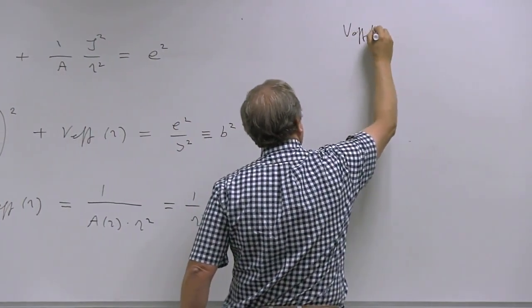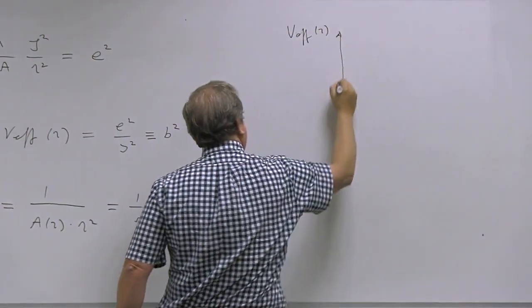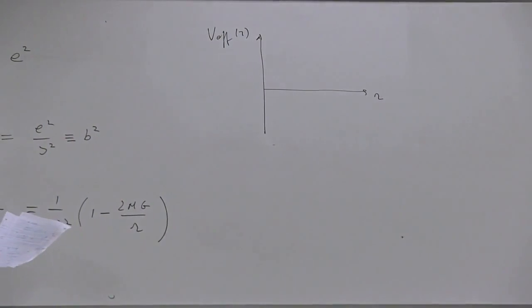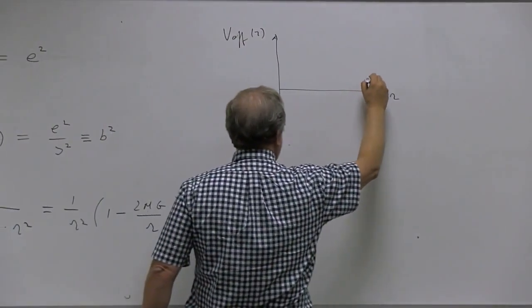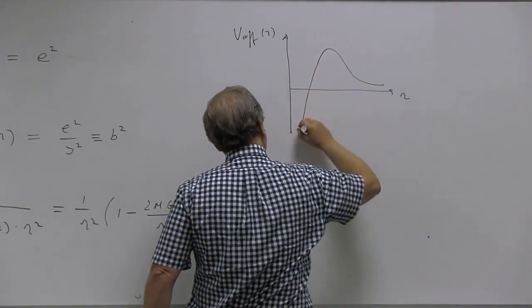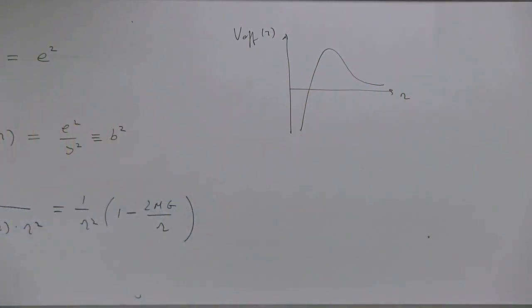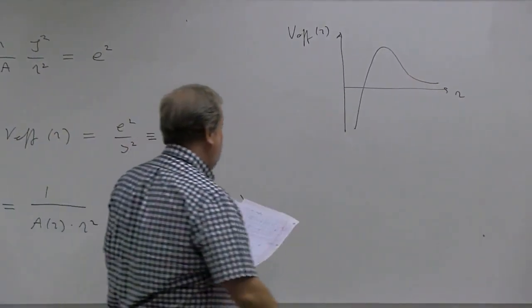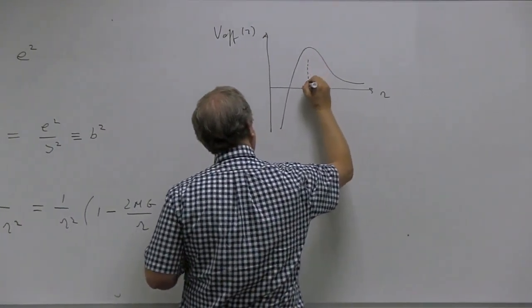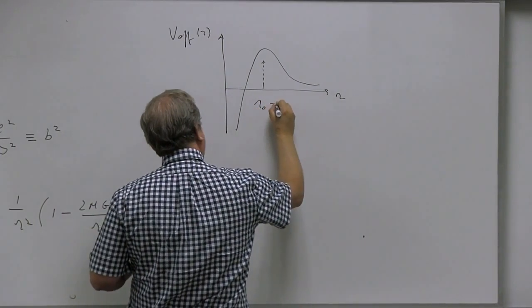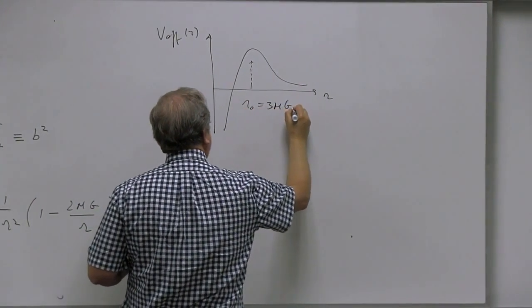Because if we plot it, V effective of r as a function of r, then we notice that the shape is just like that. There is a maximum here, which corresponds to r naught equal 3mg.